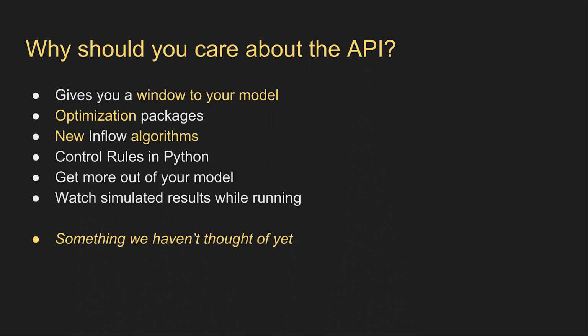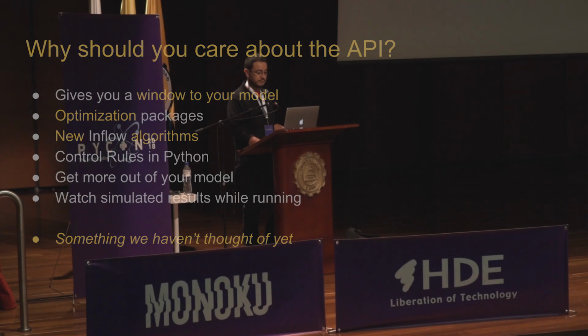We can create optimization routines so that we can focus on designing better networks based on minimizing cost, minimizing flooding. We can create new algorithms, and all of this we can do in Python, or at least that's the plan. We can watch the simulated results in real time and affect them in real time. And any other thing that at this moment we haven't thought of yet is possible to work on this.